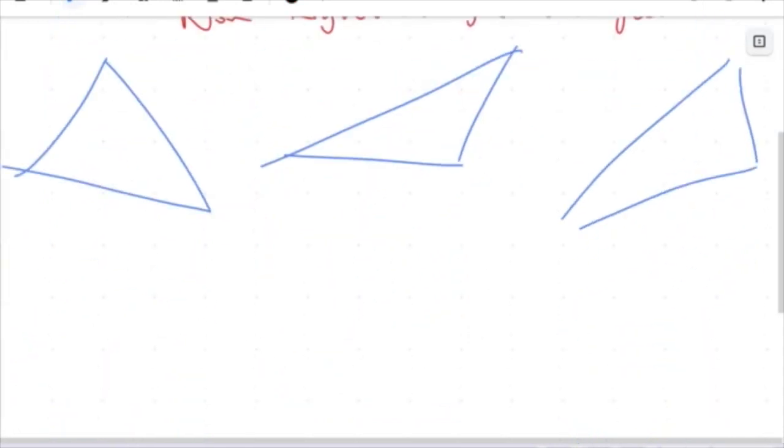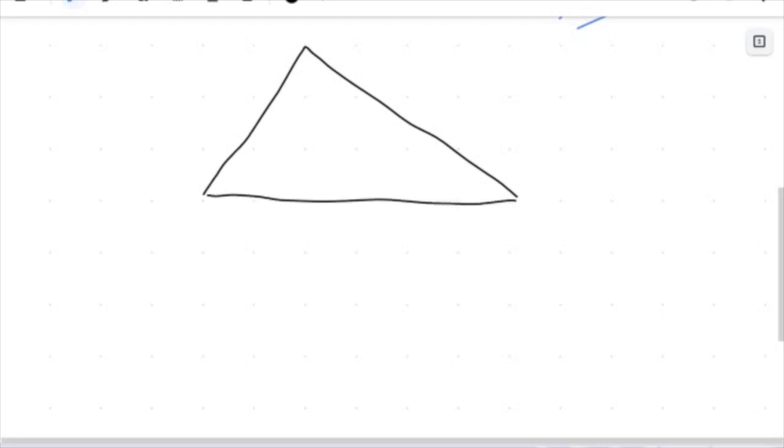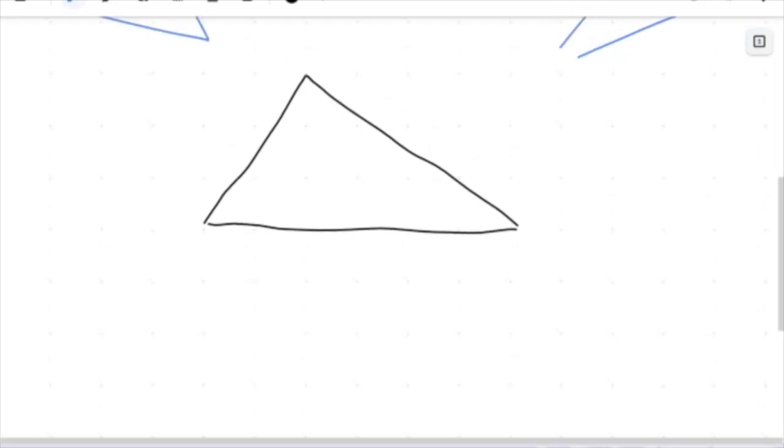Now, in order to make sense of this, we're going to draw a non-right angle triangle, something like this. And we're going to say that, let's call this angle C, let's call this angle A, and this angle B, and we have the sides opposite to these.